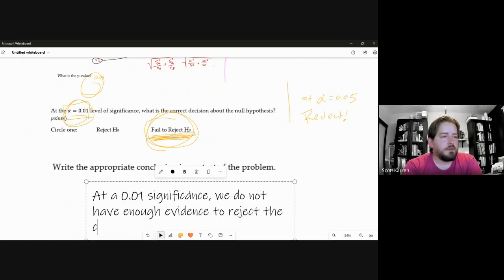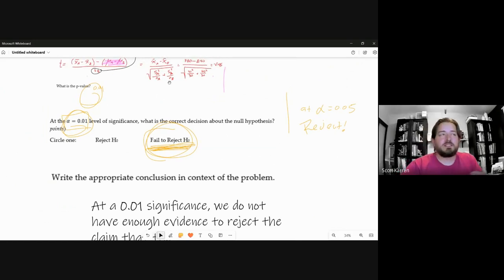the claim that the average number, I'm not going to type this whole thing. The context of the problem is that the average number of drops of tennis ball brand A is different than the average number of drops of tennis ball B before they break, right? So again, you can go through this math, right?